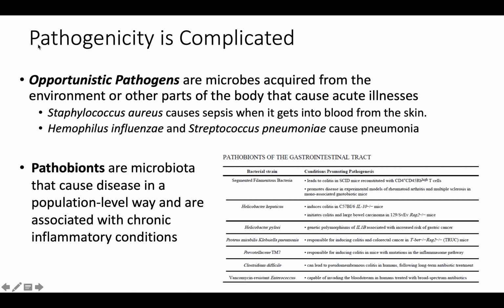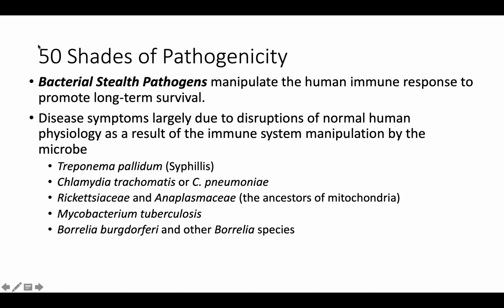Many people may carry this Helicobacter pylori, but not all the people that carry it will develop gastric cancers, but it has been associated with gastric cancers. It's just an example.